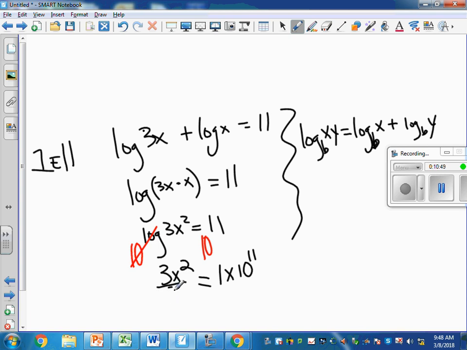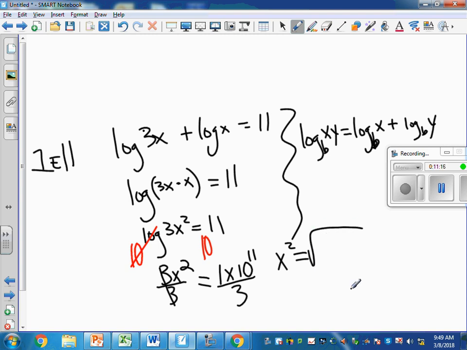We're going to divide both sides by 3 because we want to get x squared by itself in order to get x by itself. Now I have x squared equals, let's figure out what this is. I've got to divide this 10 to the 11th by 3. And what I'm going to do now at the same time is take the square root.